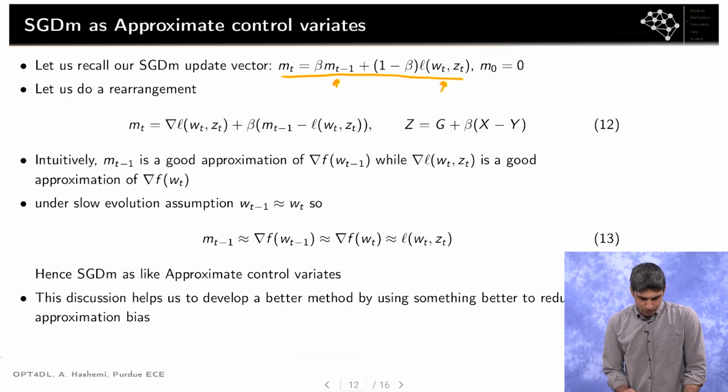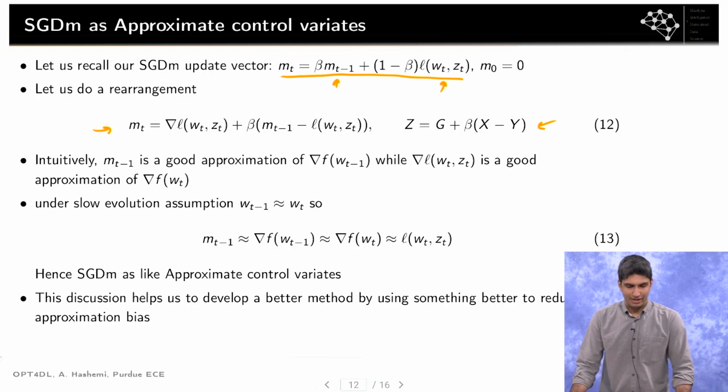All right, let's do a rearrangement. I want to write this down in the form of the control variance estimator. If you do a rearrangement, not too difficult, this is what you'll get. Now this is exactly in this form.